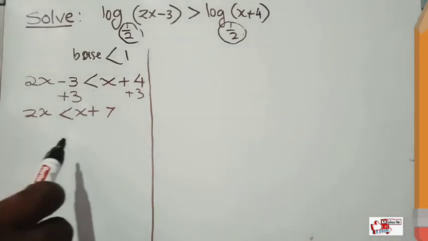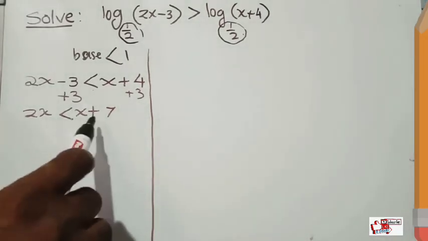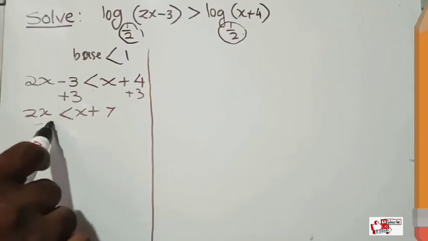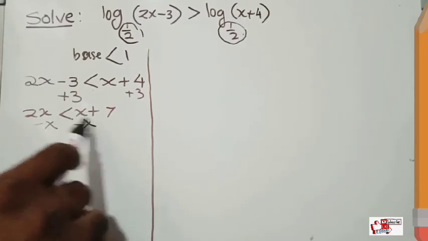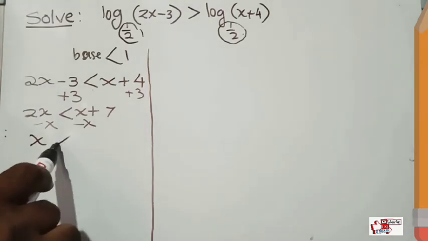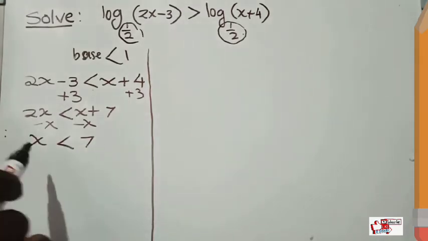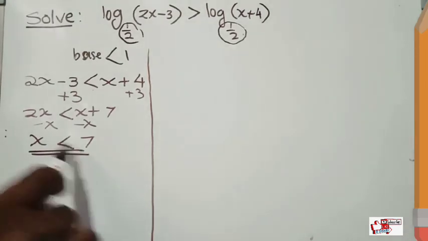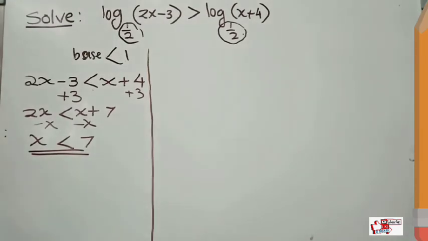And what shall we do now? If we subtract x from both sides, we get x less than 7 as the first solution.